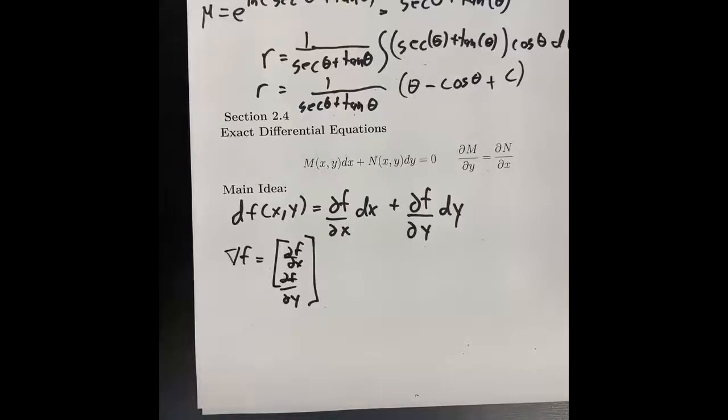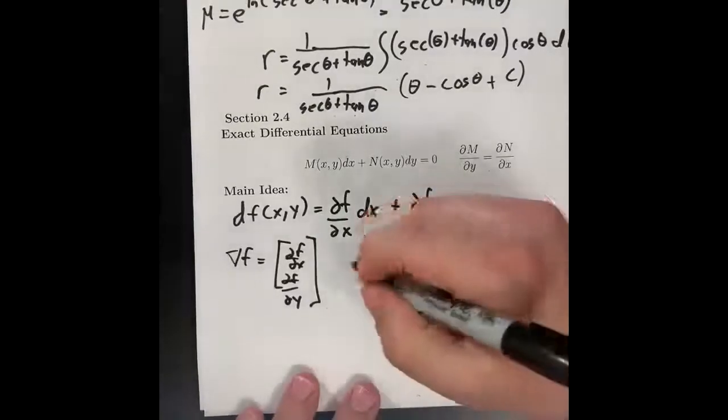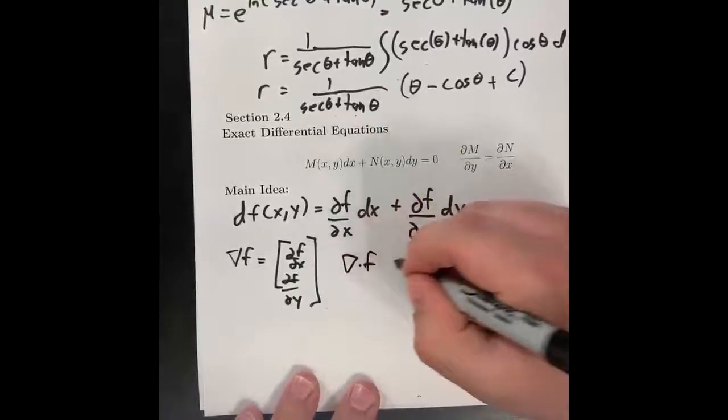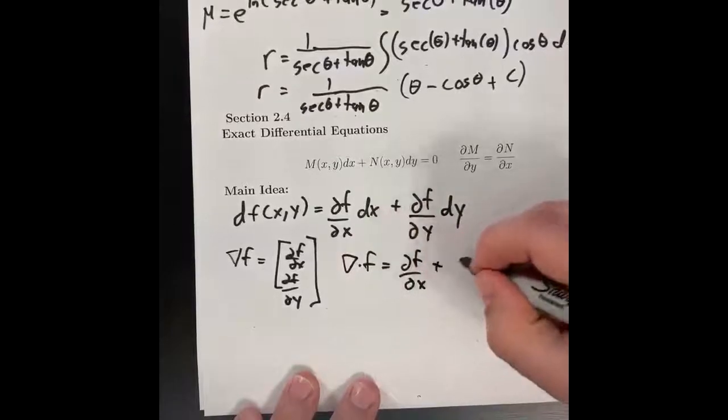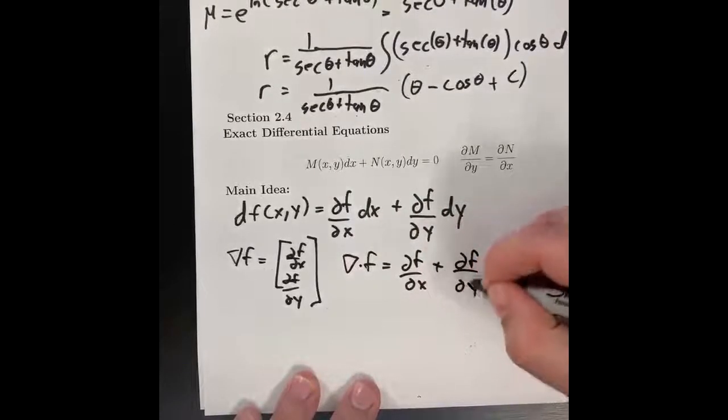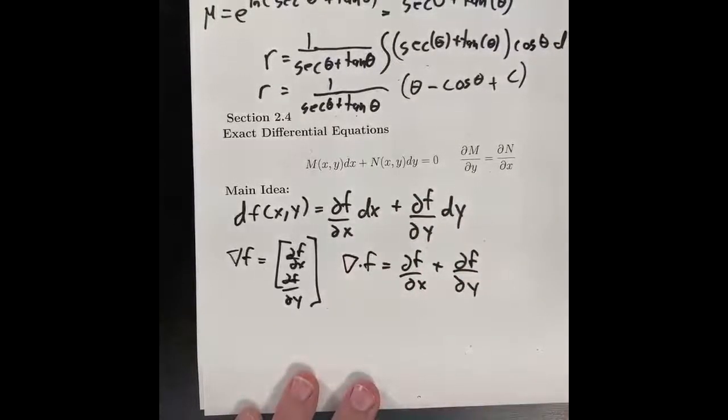You could maybe think of it as also related to the divergence of f. The divergence of f is partial f partial x plus partial f partial y. So that is another function.